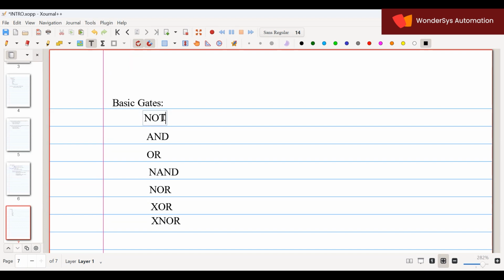NAND and XNOR? No. NAND and NOR are universal gates. Yes, ma'am. So these two are universal gates.